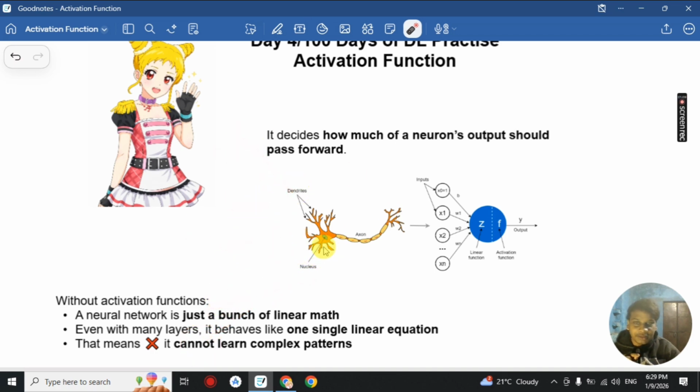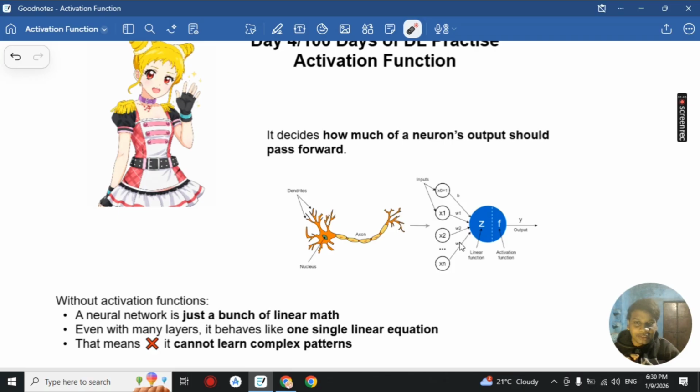And if the signal passes a particular threshold, only then does it let the signal pass through its entire axon to the next neuron. So the signal only passes through the neuron if it passes a particular threshold, for a biological neuron. Our artificial neuron also works in the exact same way.